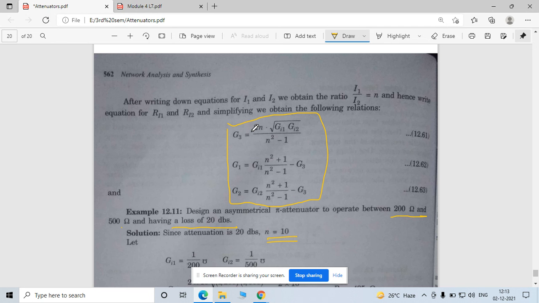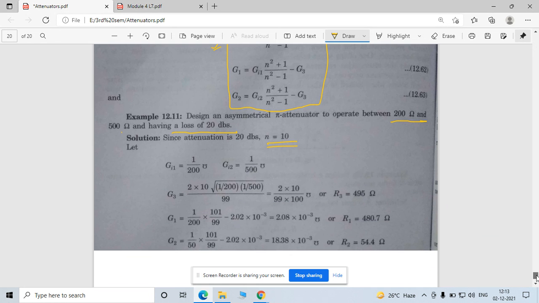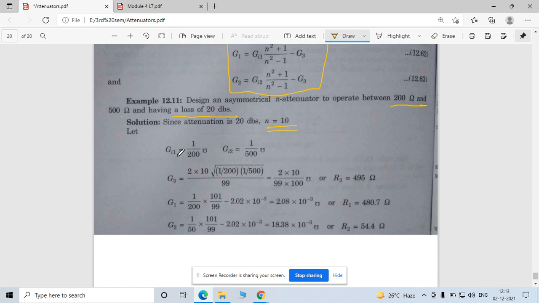But for this asymmetrical pi type of network, it is quite easy to analyze the circuit in conductance format. So convert this resistance into conductance. Gi1 is nothing but 1 upon 200 mho, and Gi2 is the inverse of 500 ohm. Now use those values for getting G1 and G2.